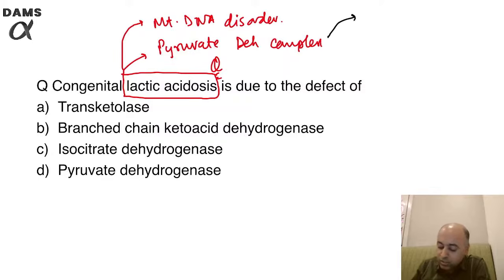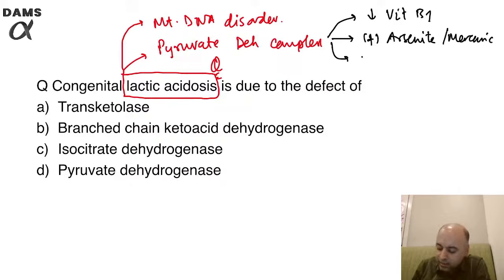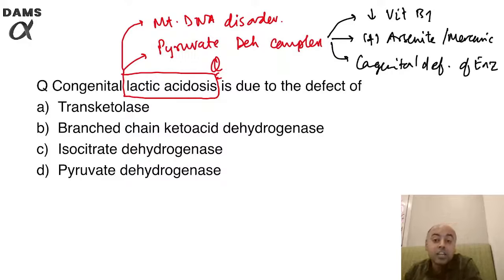Some of the important causes are decreased vitamin B1, presence of certain inhibitors like arsenite and mercuric ions, and the congenital deficiency of the enzyme. So these three are another set of important causes for the lactic acidosis.